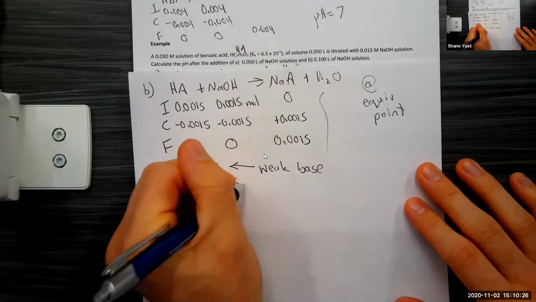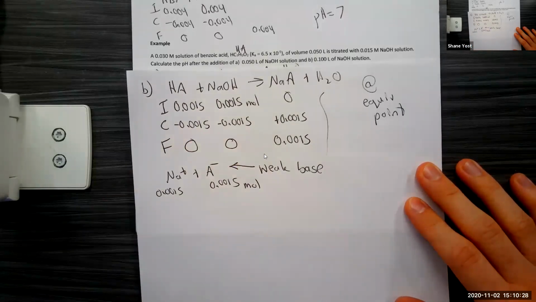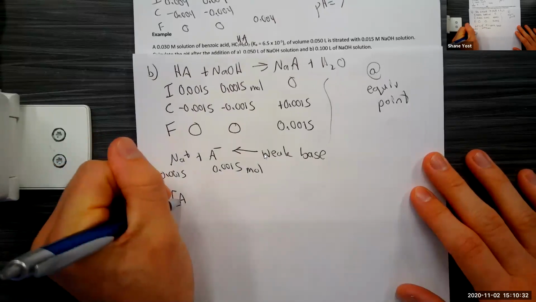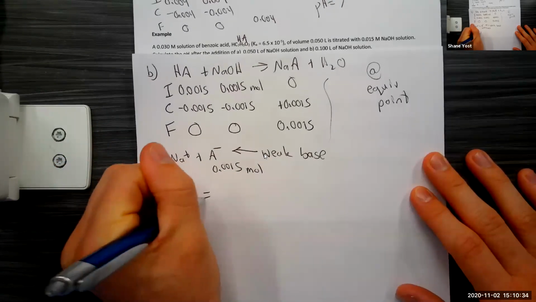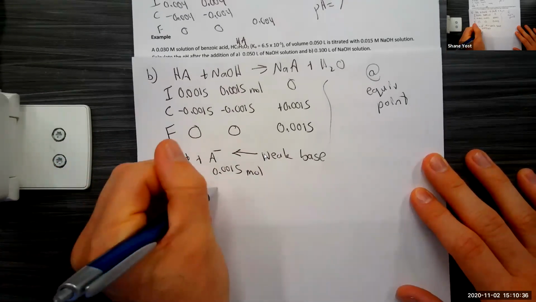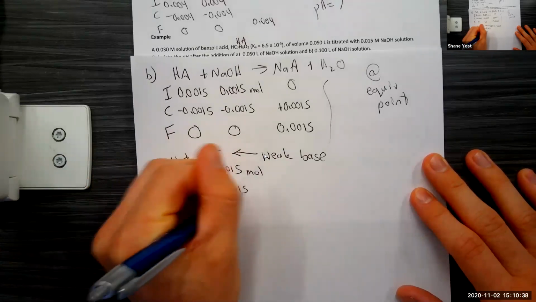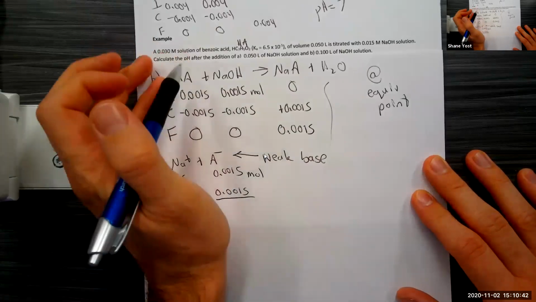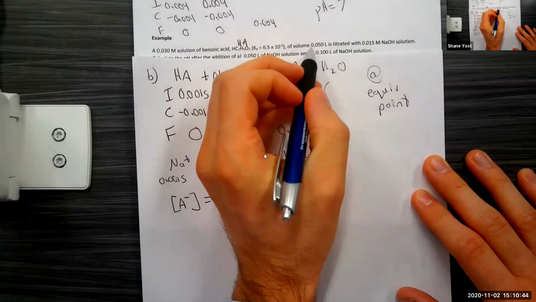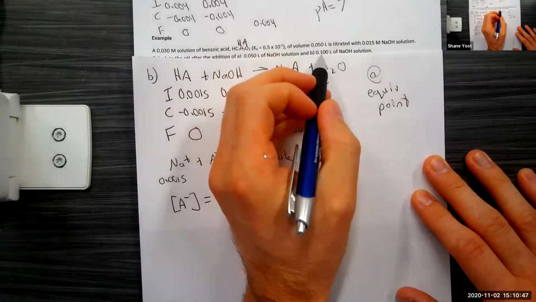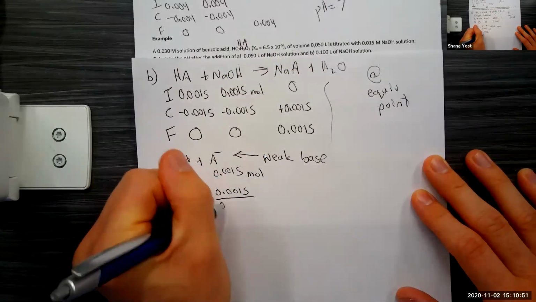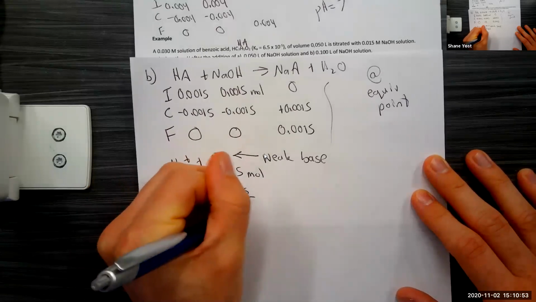Now this is the number of moles of A minus. I want to find the concentration of A minus in solution, which I get by taking the number of moles, 0.0015, and dividing by the total volume of my solution, which was the initial volume of 0.05 liters plus my added volume of 0.1, so this is 0.15 liters.